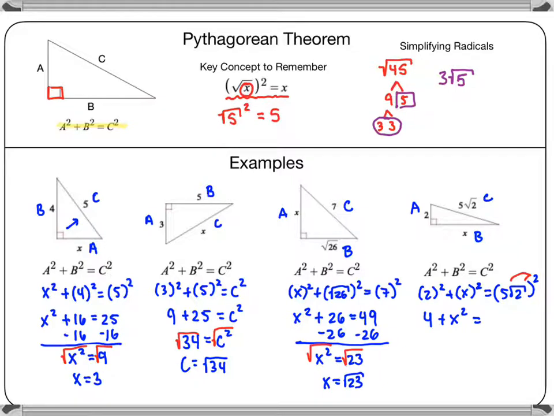So that means I'm going to do the work up here. 5 squared is going to be 25, okay? And the square root of 2 squared is going to give me 2. So I would have 25 times 2, which is going to give me 50, all right? So subtract 4 from each side, and x squared equals 46, okay?